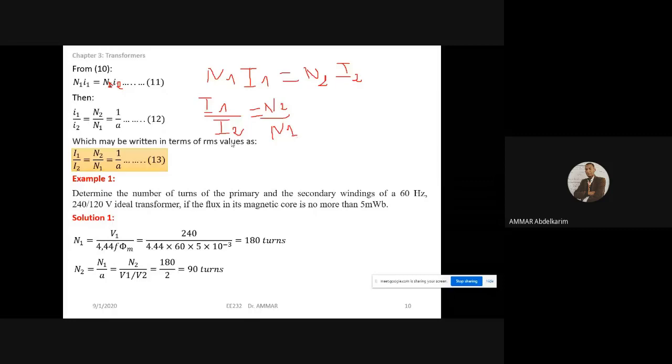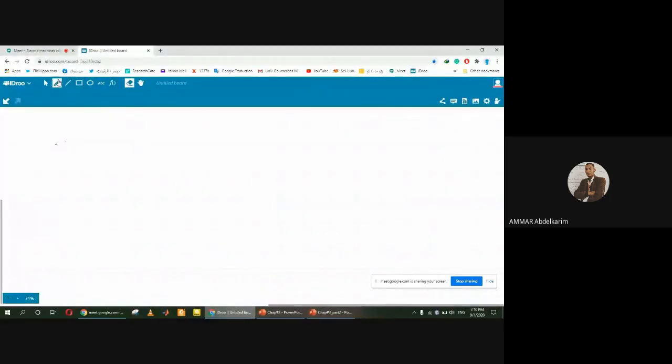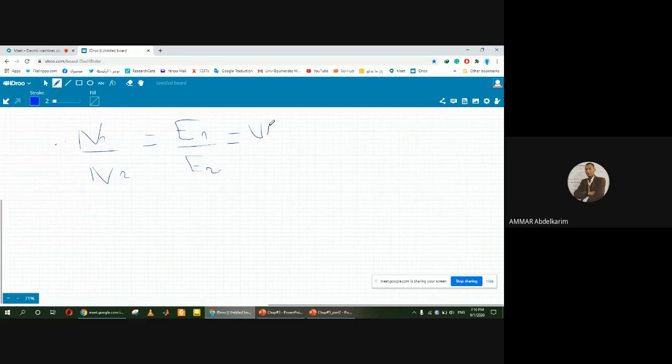We have written on the table before that N1 over N2 equals E1 over E2, which equals V1 over V2, but it equals I2 over I1.